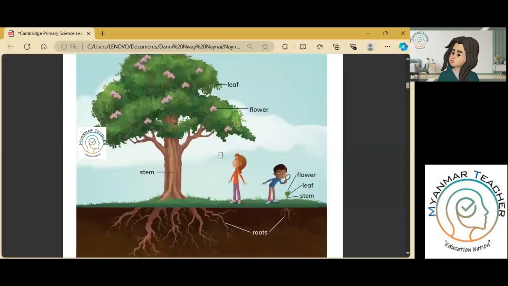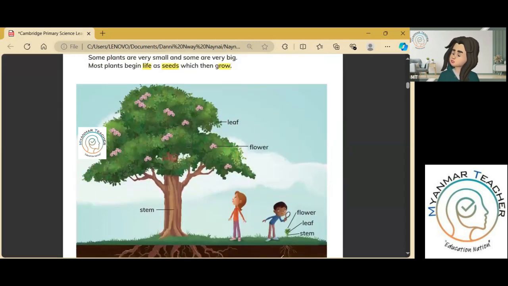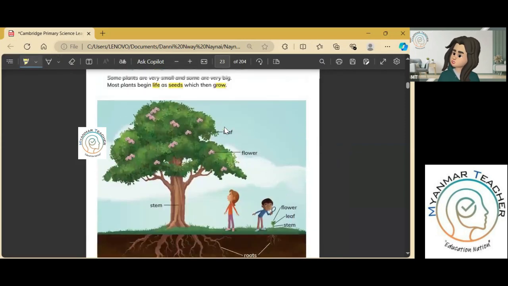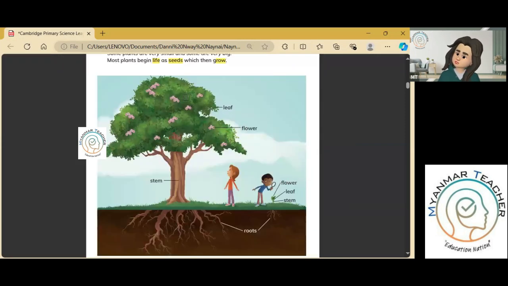This is a perfect example of what happens. Wait, let me just do that. Now you can see it. Okay, so this tree was once one of these seedlings. So this is the stem. These are the roots. You can see a very old tree can have roots coming out of the ground because they're so thick and strong.